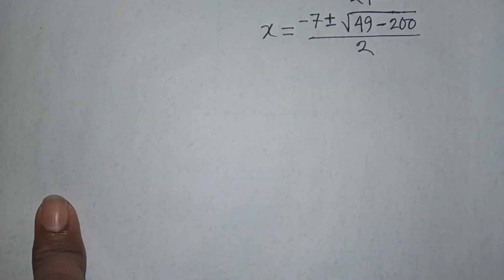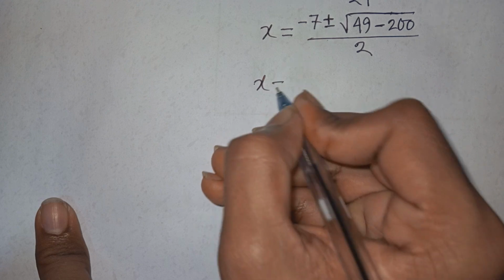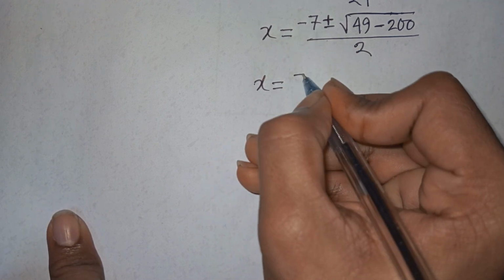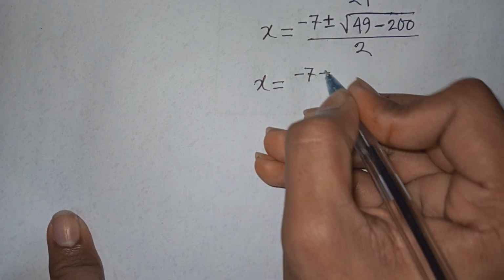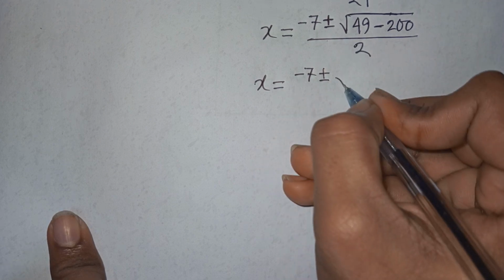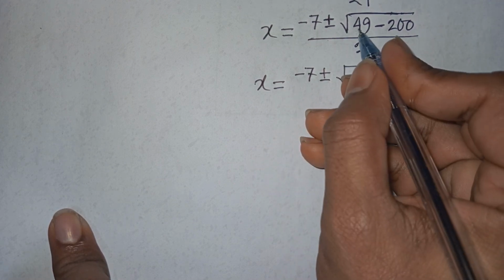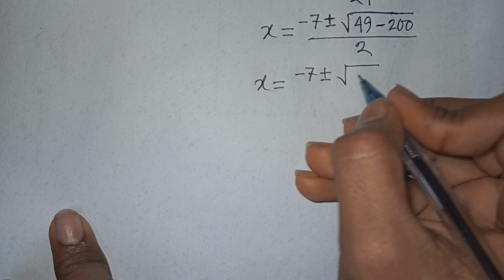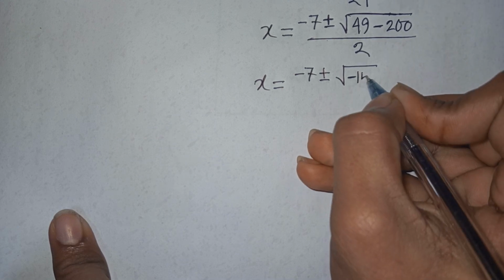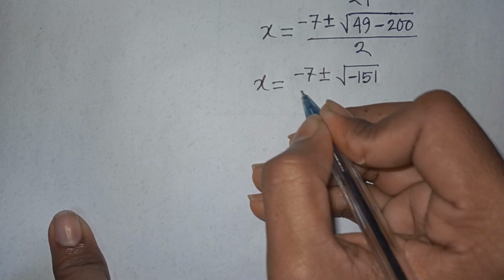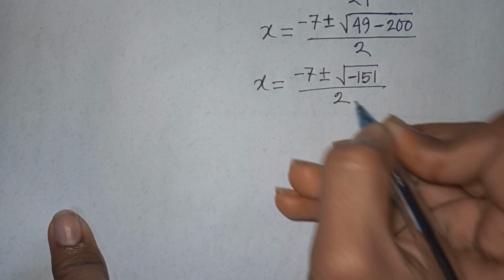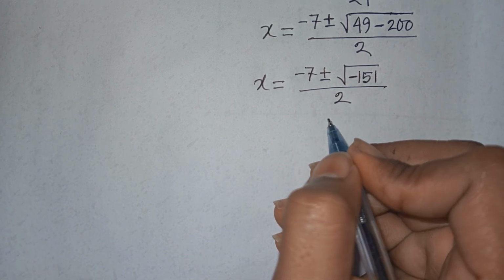Now x will be equal to minus 7 plus or minus square root of 49 minus 200, that means it will be minus 151, then divided by 2.